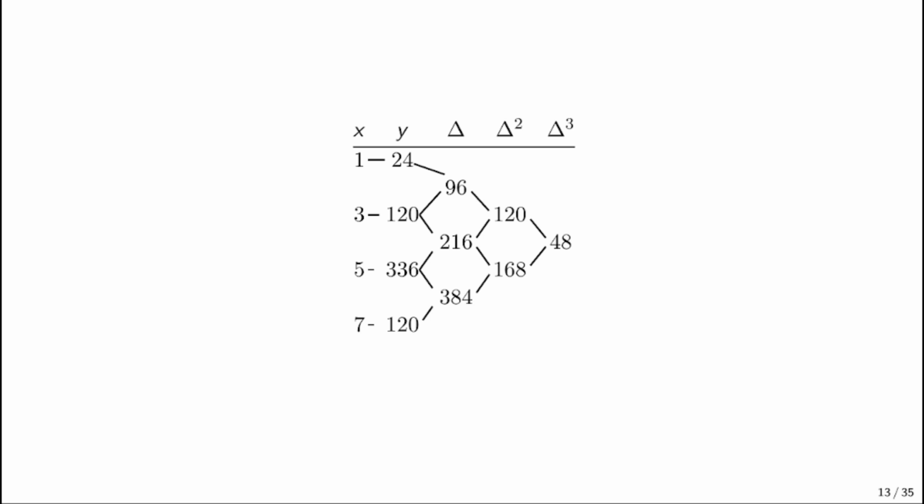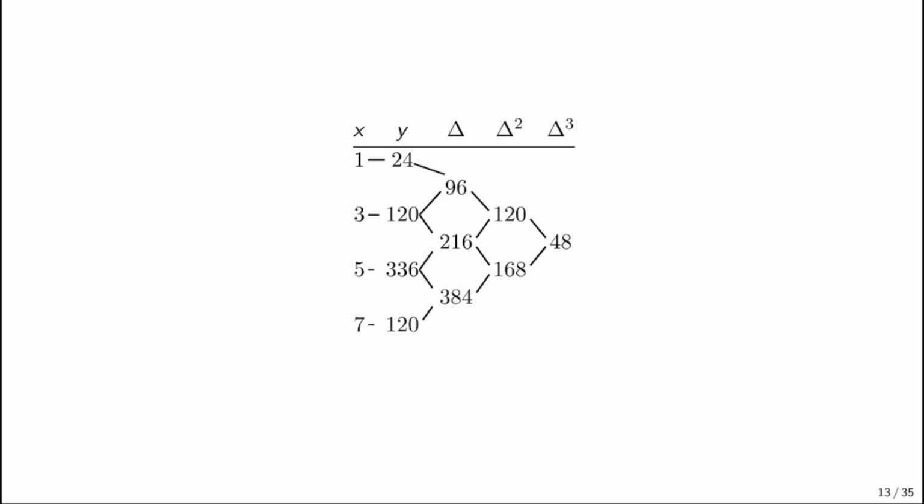So the third column of the table represents the first forward difference. The second forward difference, delta square y0, is delta y1 minus delta y0, that is 216 minus 96, which is 120.